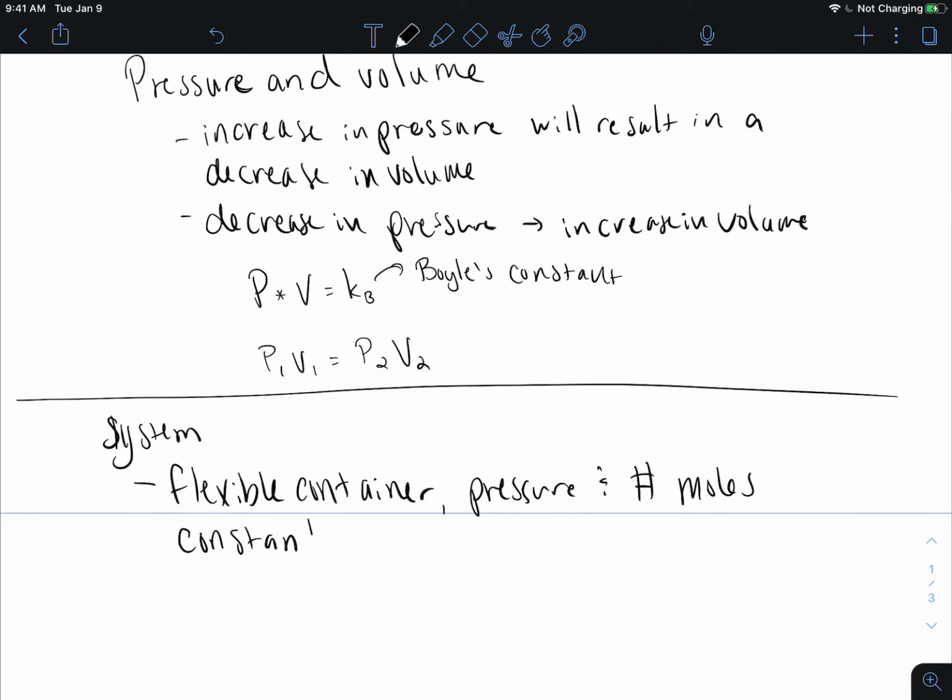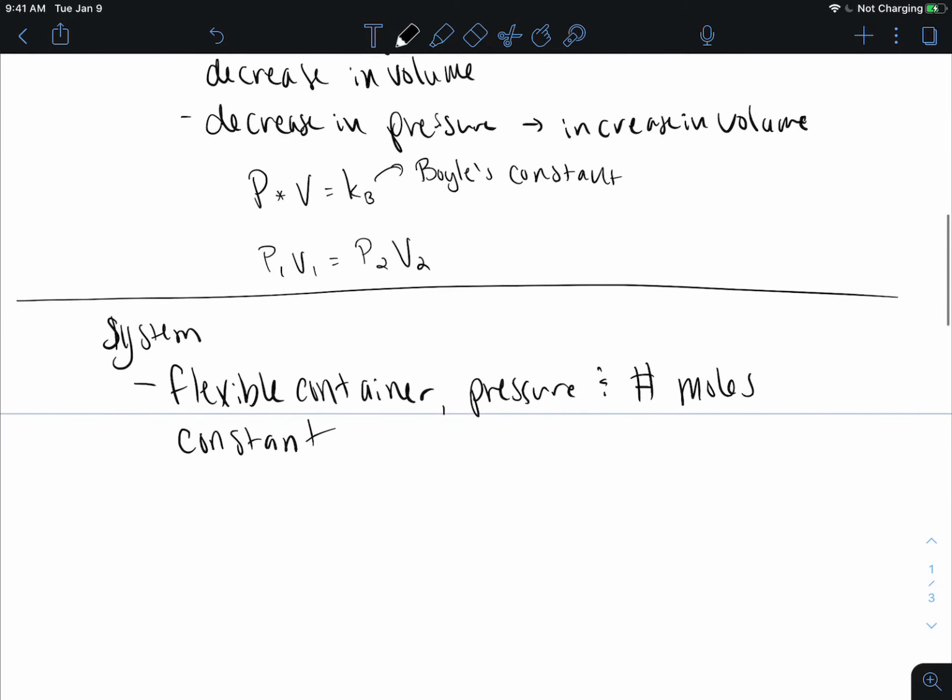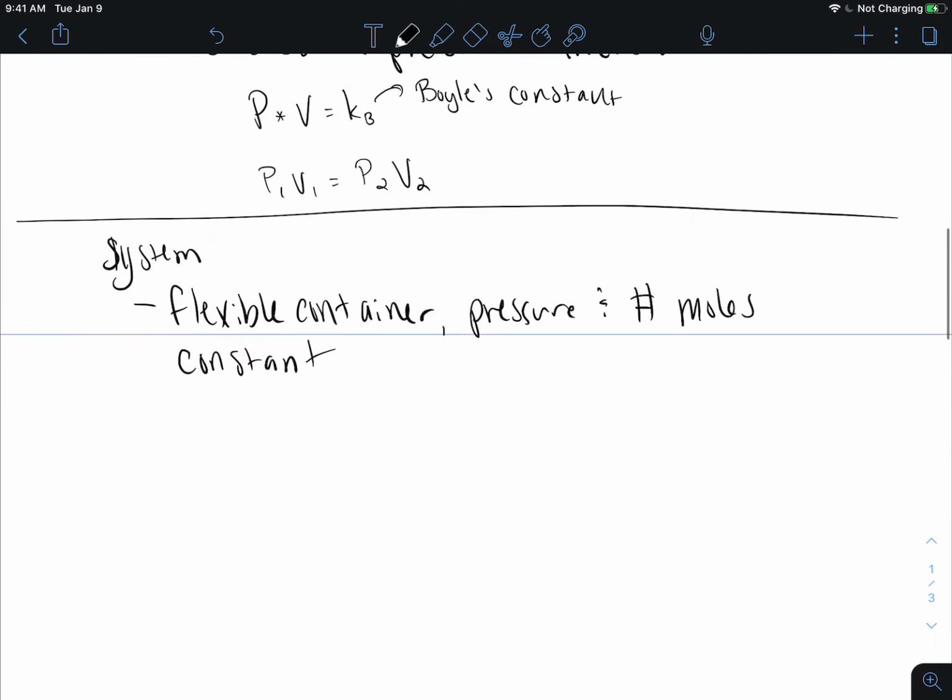So in this case, we are looking at our volume and our temperature. So what happens to one as we change the other?